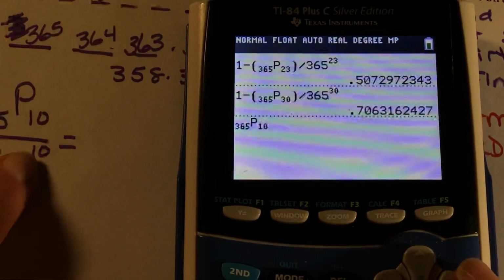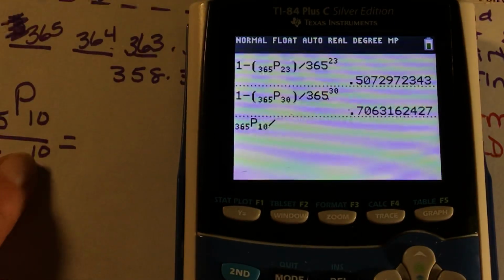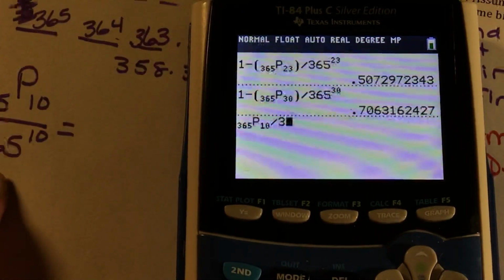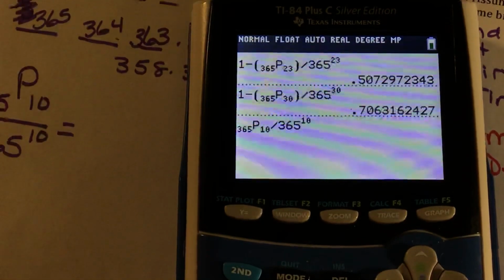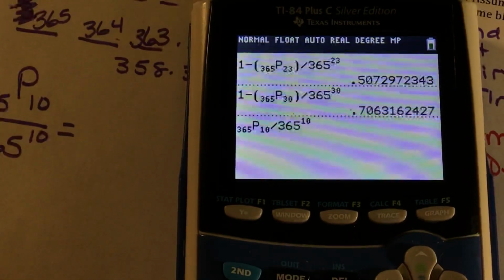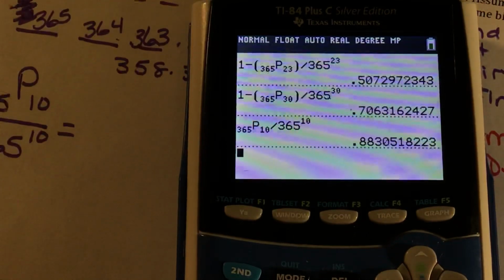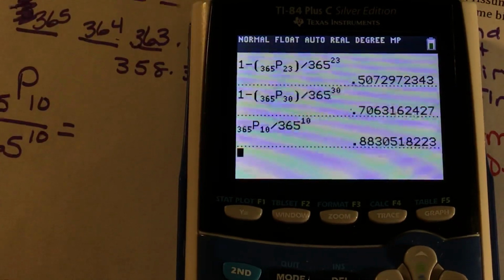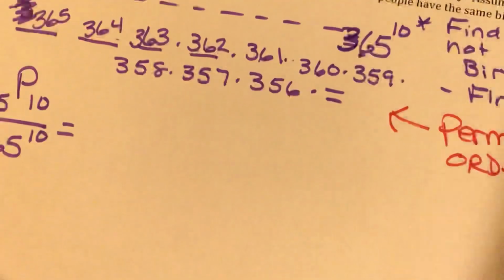Then I want to take this number and divide it by 365 to the 10th power. This will tell me the probability that everybody has a different birthday, which is 0.883.